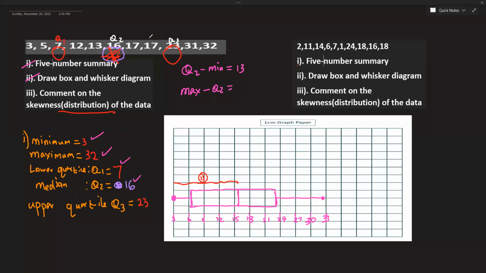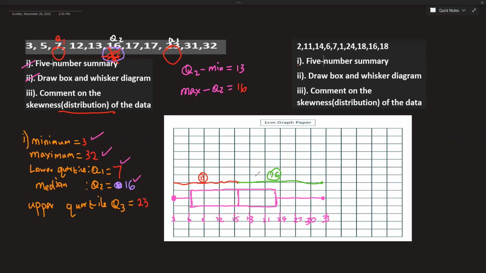So what is my maximum value? 32 minus Q2, which is 16. 32 minus 16, yes. Which is 16. So you have 16, which means the distance from here to there, it's 16.